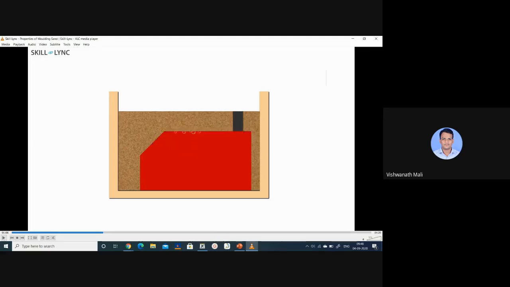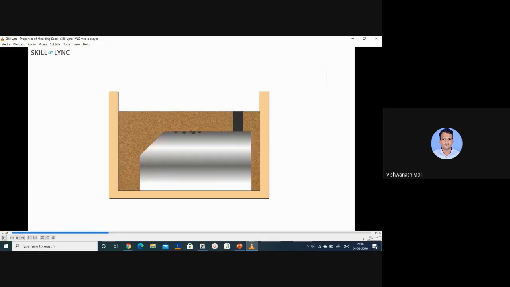Suppose this molding sand, whatever mold we have prepared, is not porous enough, then what will happen? Whatever bubble or air is there will get trapped in the mold cavity. If it gets trapped, it will create casting defects in your casting after solidification.